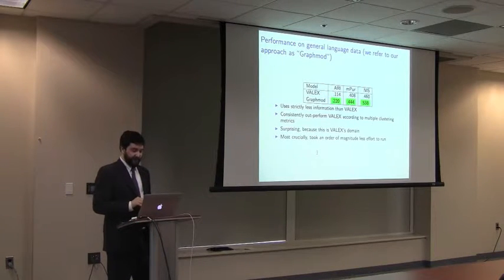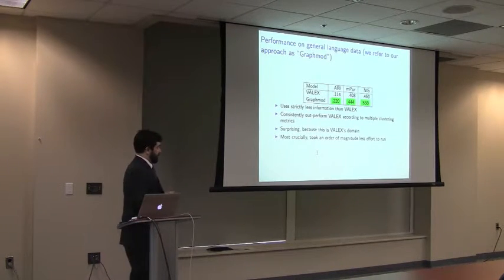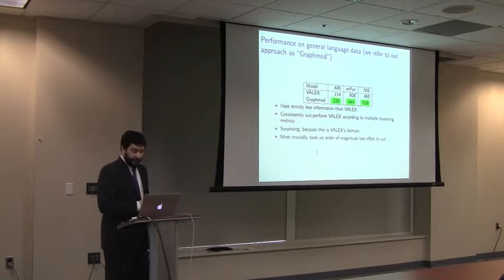And we consistently outperform Valex. This is just a few different clustering metrics because they can be a little quirky: adjusted rand index, purity, and normalized information similarity. We outperformed across the board, and most crucially, it took an order of magnitude less effort than Valex would have required for writing all of these handmade rules out for extraction.